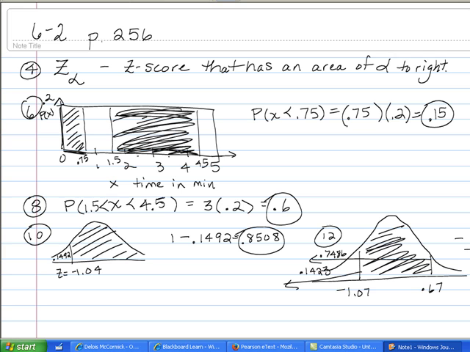Alright, in the next group, 13 through 16, we're to find the indicated z-score. So this time we're given the area, and we have to find the corresponding z-score. Okay, in 14, we're given the area to the left of the z-score is 0.3050.